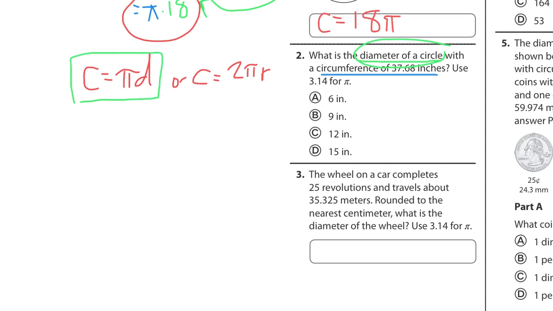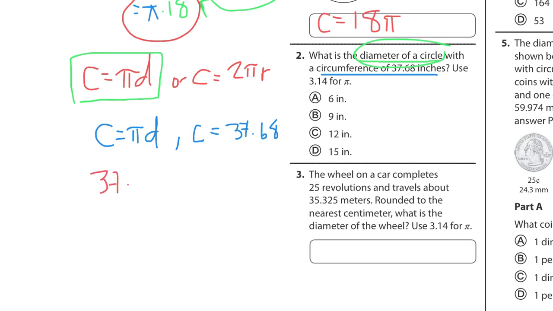And that means I have to rewrite my formula. And I'm also given circumference equals 37.68 inches. So that number is going to be replacing the C in my formula.